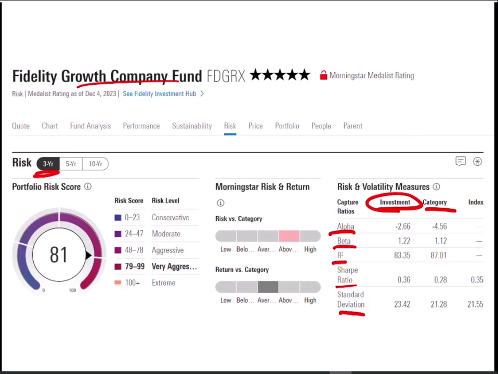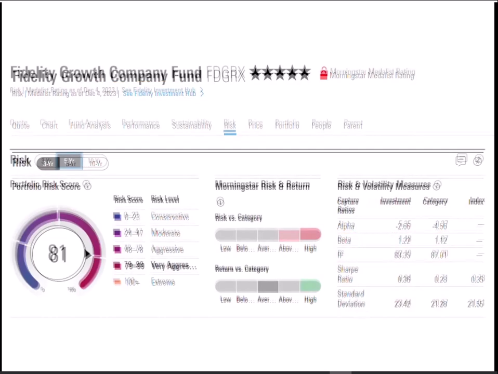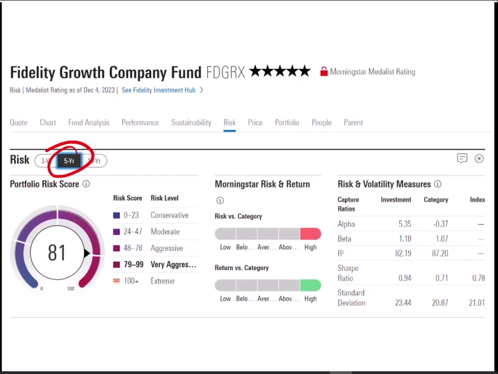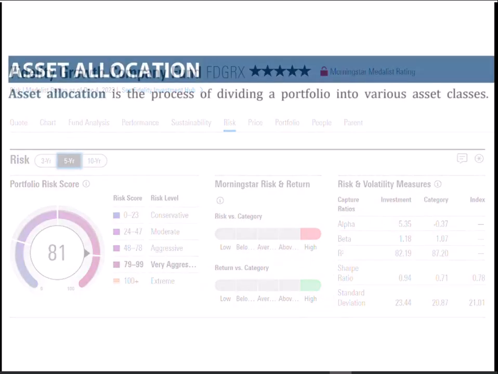For 3 years, they're about the same. Not a whole lot of difference. But if you go to the 5-year number right here, look at the alpha, 5 compared to minus 0.3. So they did much better. Their return versus the category was much higher. And you can look at other ones there.